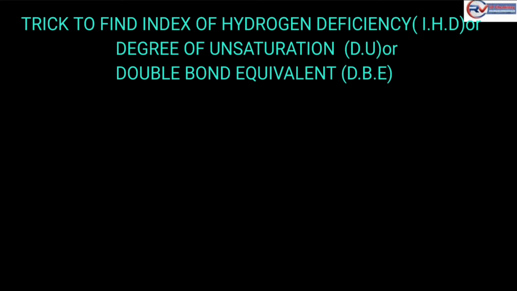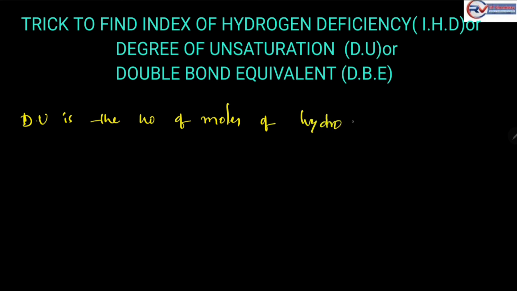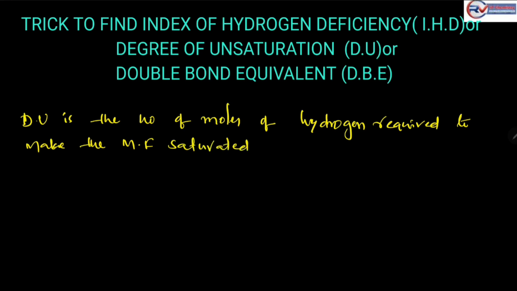DU is the number of moles of hydrogen required to make the molecular formula saturated, called a degree of unsaturation.